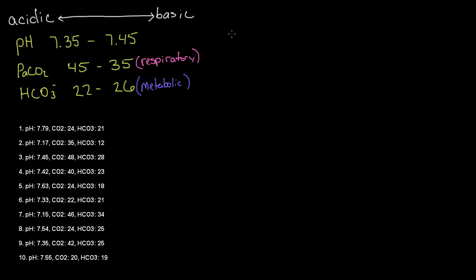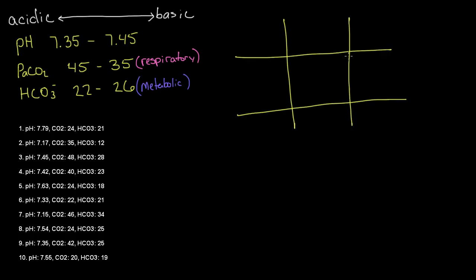So, number one, we're going to draw our tic-tac-toe grid. This column is acid, this column is normal, and this is base. So we look at our first problem. Our pH is 7.79. It is basic, it is alkalotic.